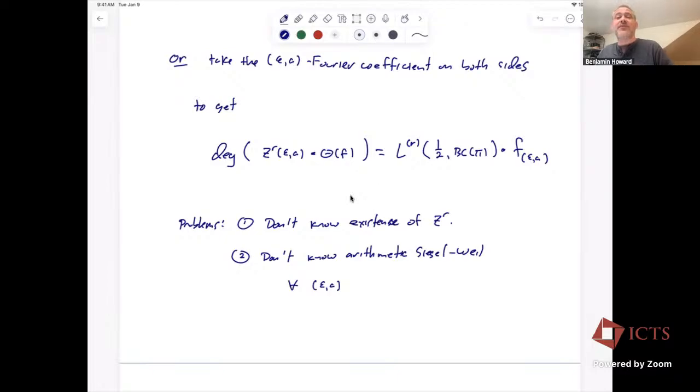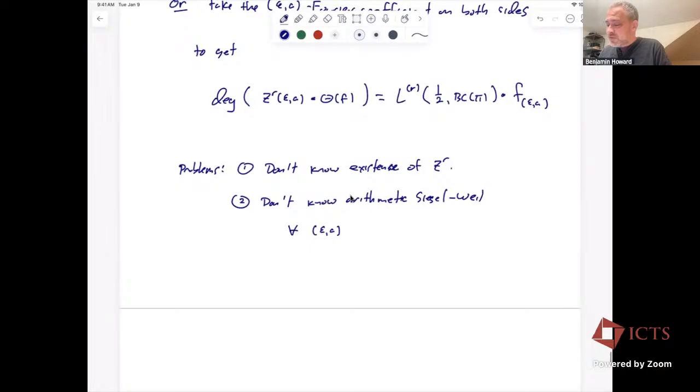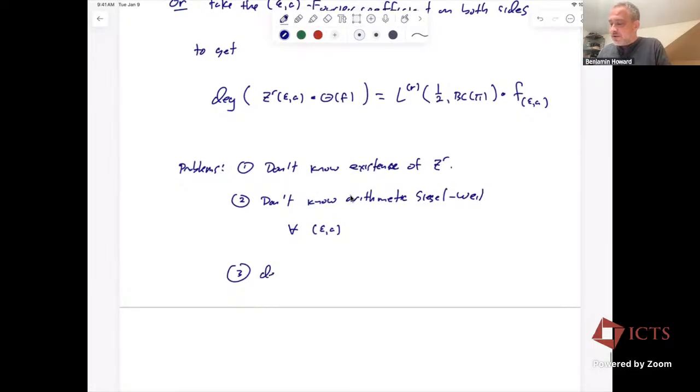We only know it for the non-degenerate ones, and plus when the kernel of the Hermitian pairing has rank 1. We only know those cases. And 3, and I mentioned this at the end of the second lecture, degree is not well defined.